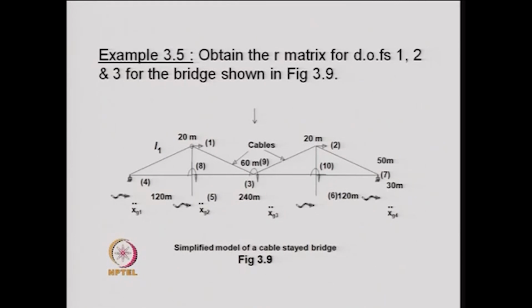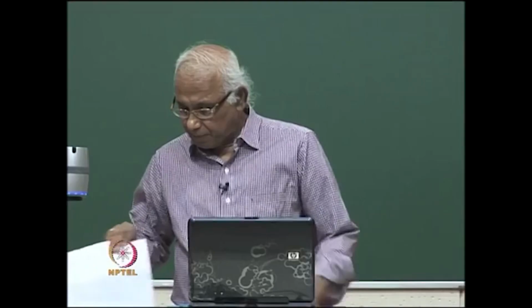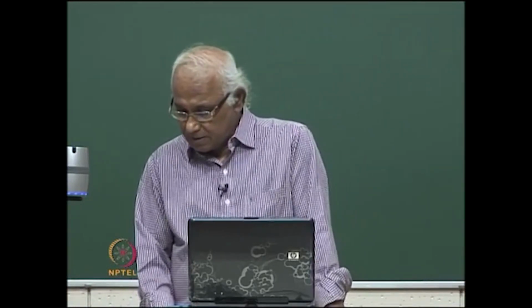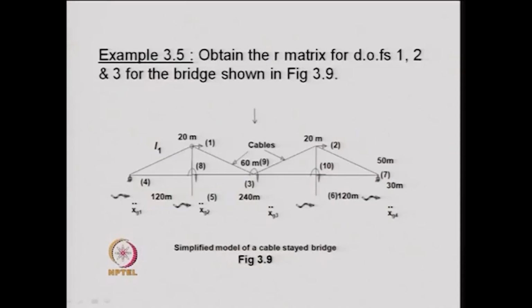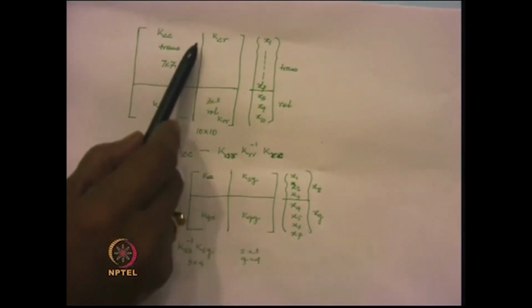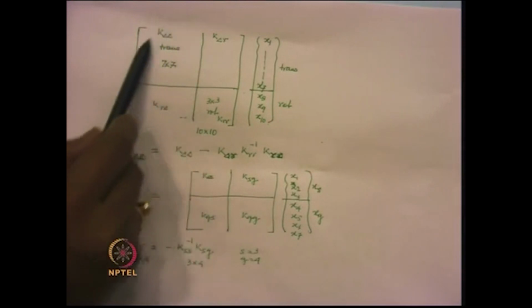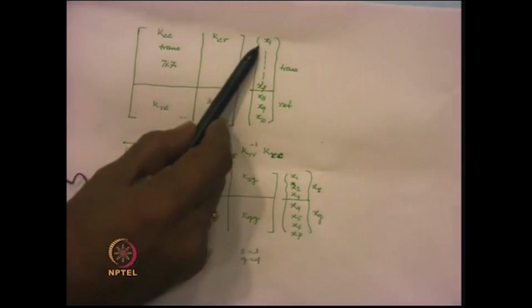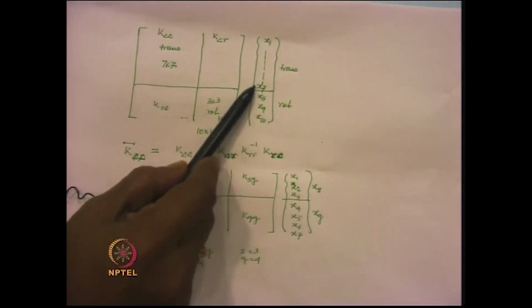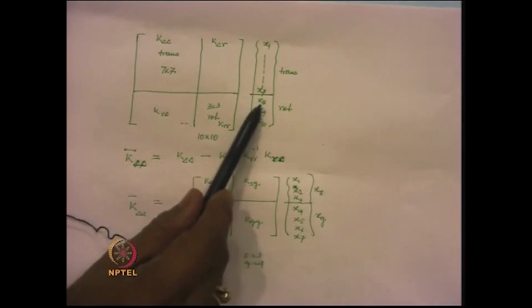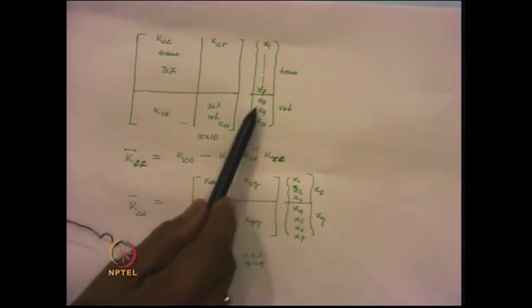They are the rotations. So, what we do is first we write down the entire stiffness matrix, that is the stiffness matrix for the entire system, which is a 10 by 10 matrix. Out of that, the first 7 by 7 stiffness matrix corresponds to the 7 translational degrees of freedom, they are grouped at the top, and the 3 rotational degrees of freedom are grouped at the lower part of this vector.